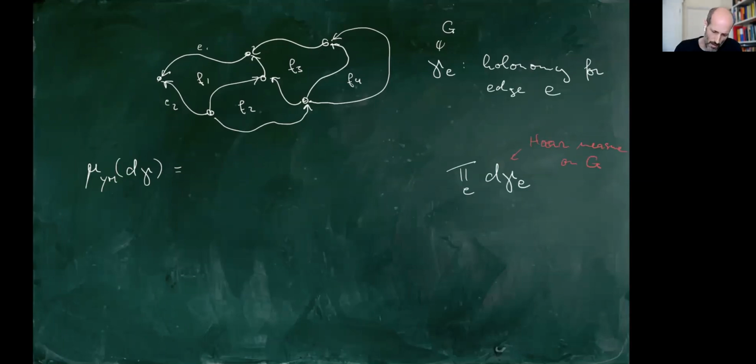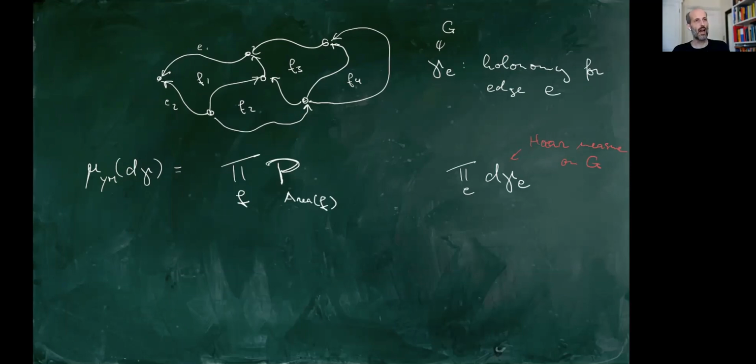And then you take a product over the faces. For every face, what you do is you take the heat kernel on G, at a time which corresponds to the area of the face.